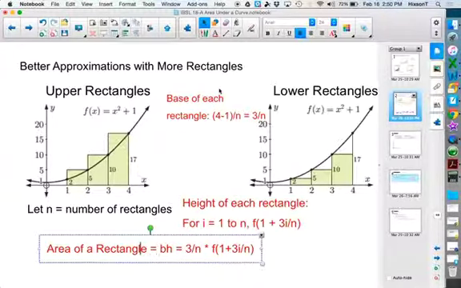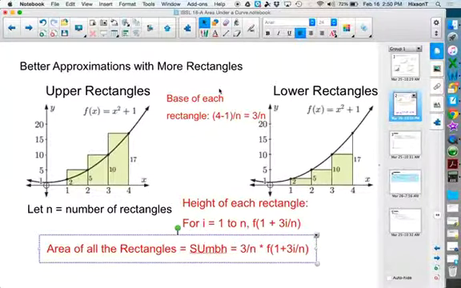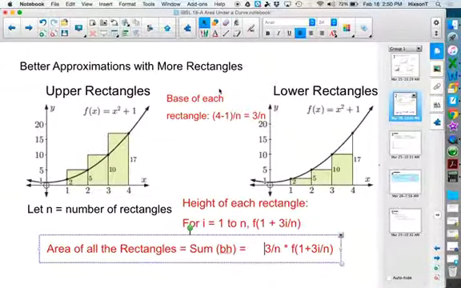Okay, so I want to get the area of all the rectangles. I want the sum of all of the base times the heights, right? So I'll get my sum from I equals 1 to n of all of this.